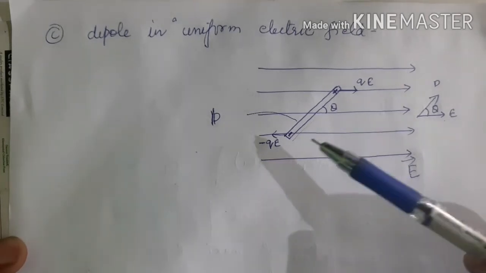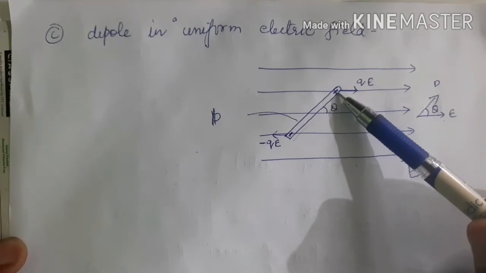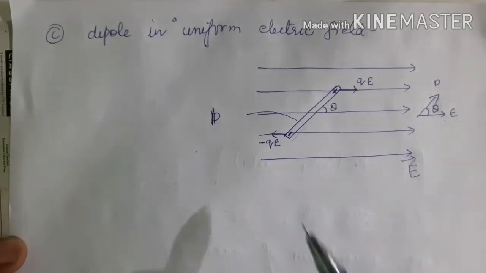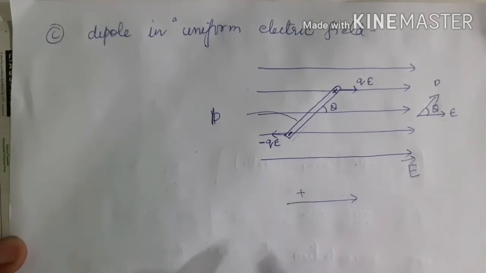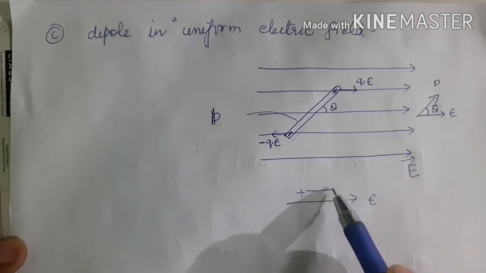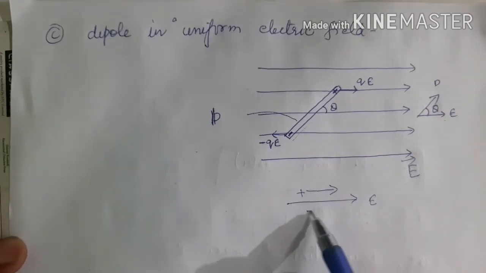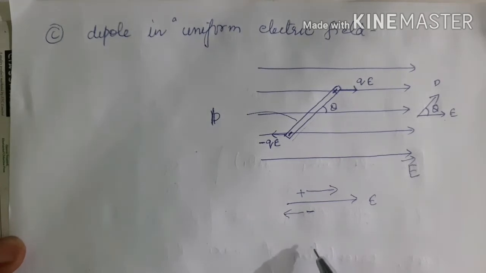Now we know that when a dipole is placed in a uniform electric field, again I am reminding it, when a positive charge is placed in an electric field, it will move along the direction of the electric field. When a negative charge is placed, it will move opposite to the direction of the electric field.